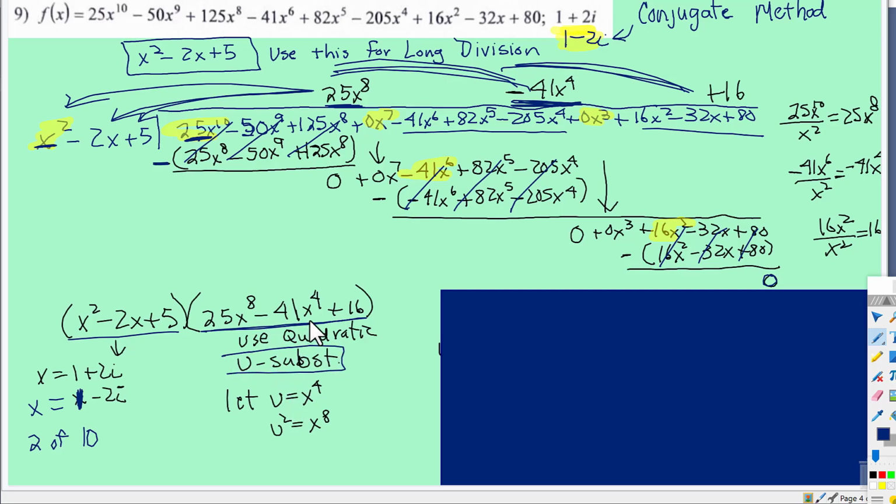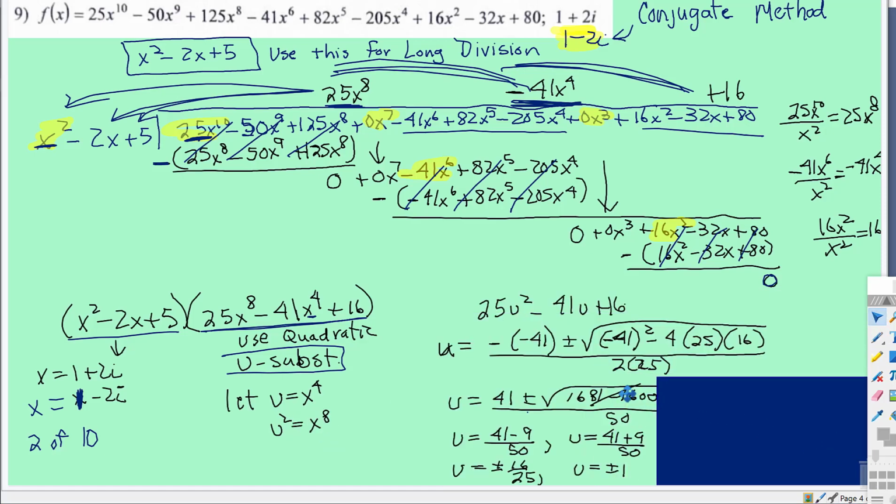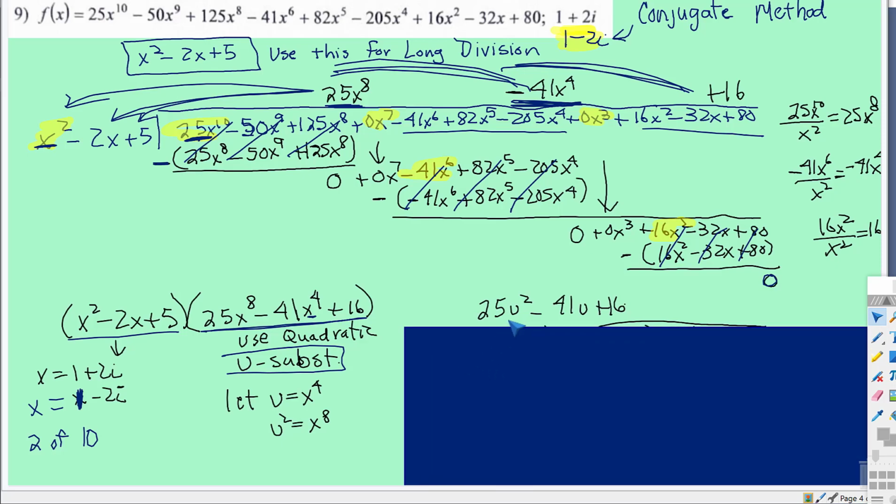We're going to let x to the 4th equal u. So when you square x to the 4th, you get x to the 8th, and when you square u, you get u squared. And then we're going to rewrite it as 25u squared minus 41u plus 16, and now you've got the quadratic. Here's our a, our b, and our c.